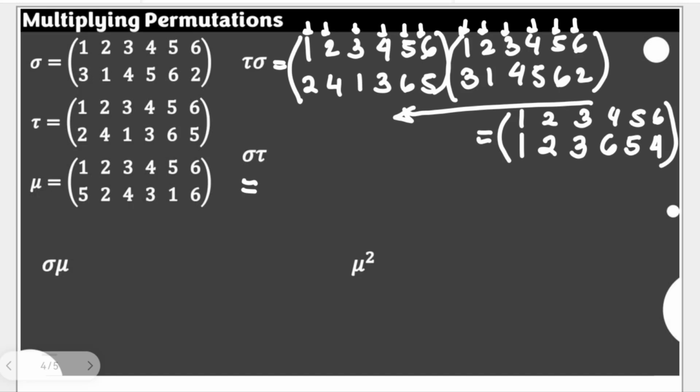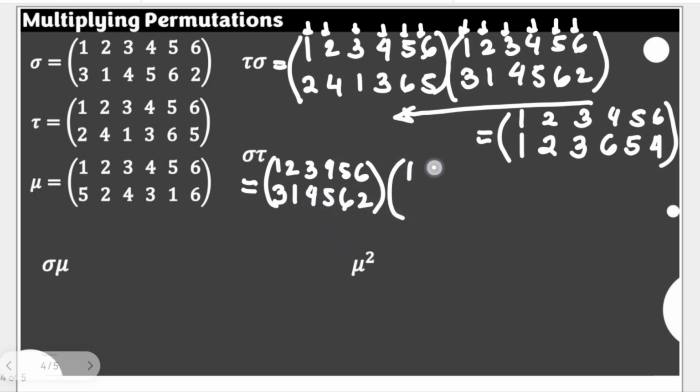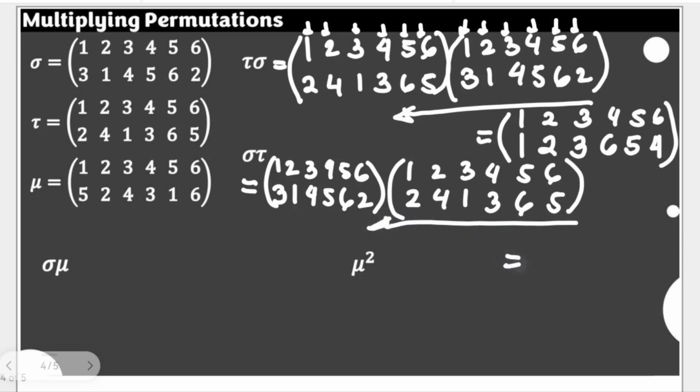So let's also try the longer method of having 1, 2, 3, 4, 5, 6. Your sigma is 3, 1, 4, 5, 6, and 2. Your tau is 1, 2, 3, 4, 5, 6 mapped to 2, 4, 1, 3, 6, and 5. So the result for this, again from right to left, is still a permutation.